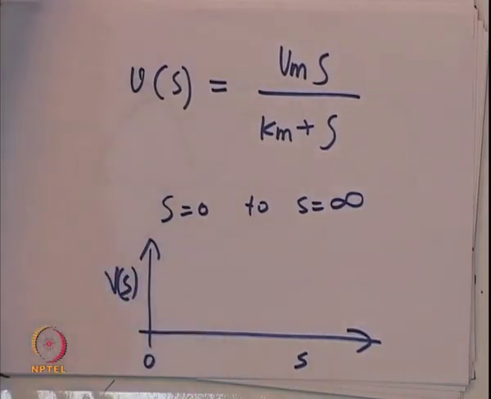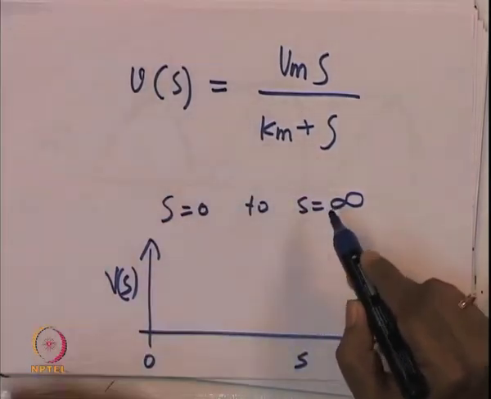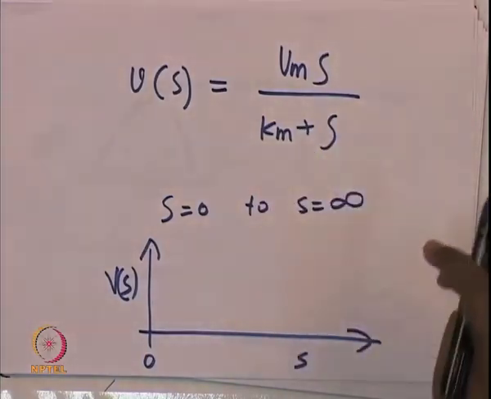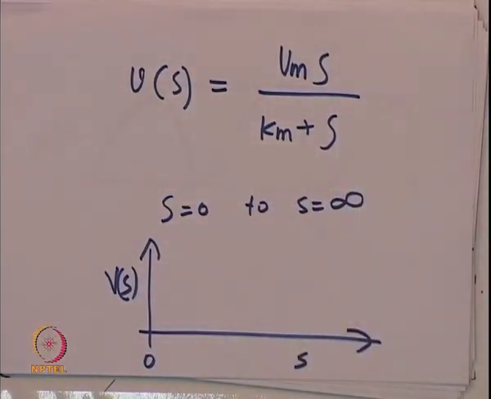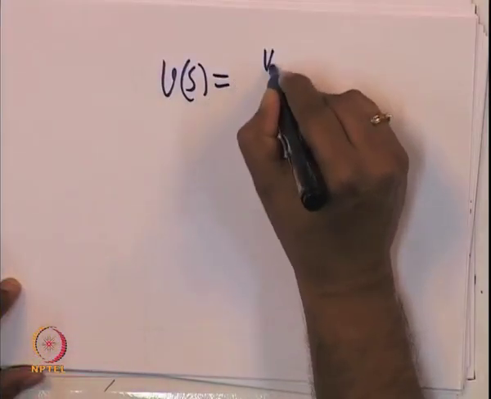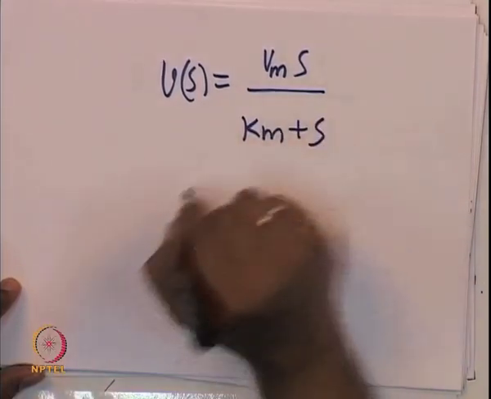The first thing we should know is the value of this function at s equal to 0 and at s equal to infinity. So, let us look at the function at s equal to 0. Our function is V of s equals Vm s divided by Km plus s.